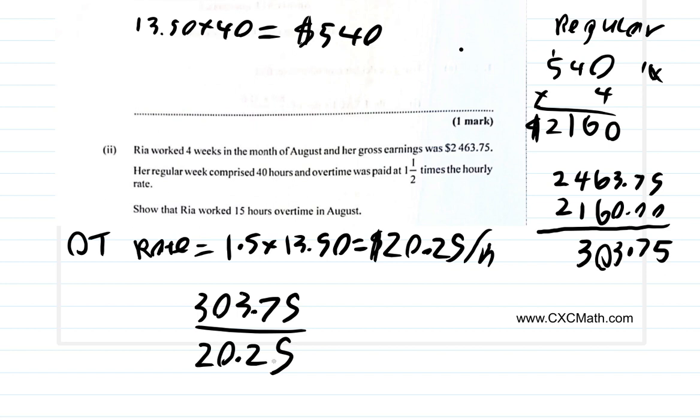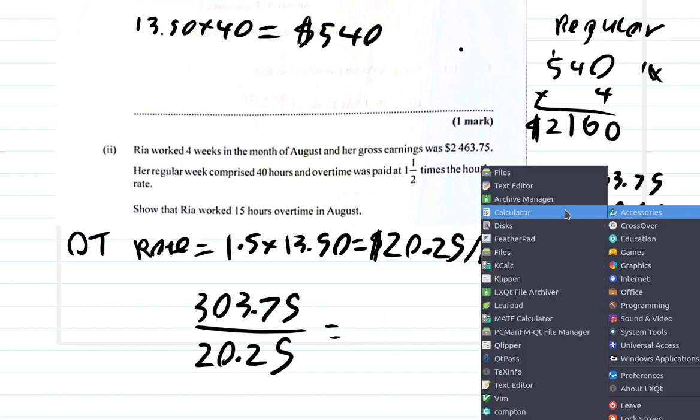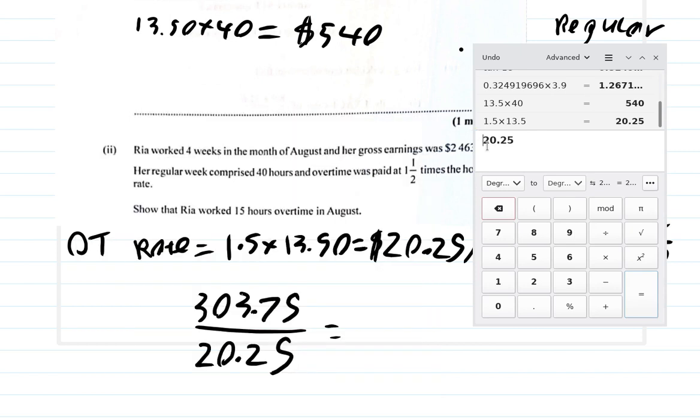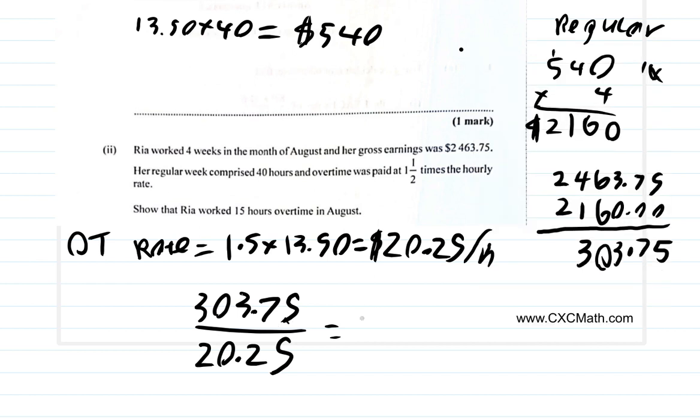How many of that pay is in the $303.75? So let's calculate that. If we put $303.75 over the $20.25, we get 15. So it is 15. You show it, so you write shown. Alright. So you see that?